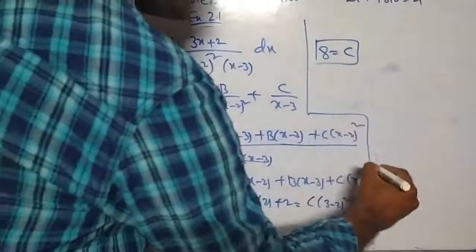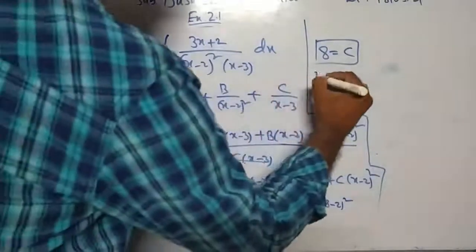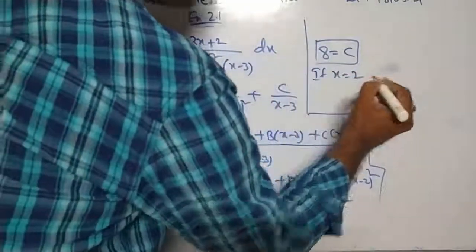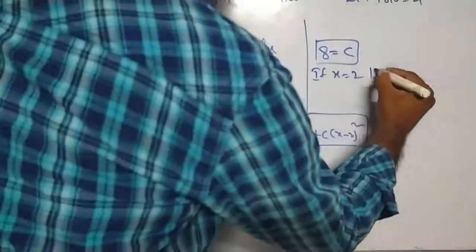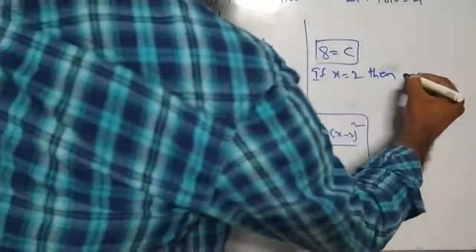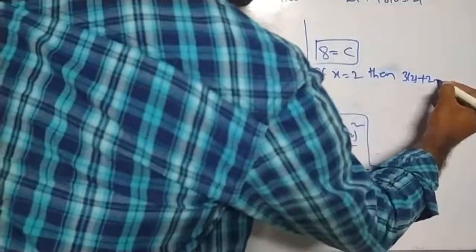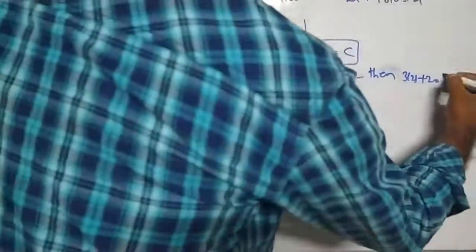Next, let us see this. If I assume x is 2, let us see what will happen. Then 3 into 2 plus 2 is equals to, here the other terms become 0, so b into (2 minus 3).